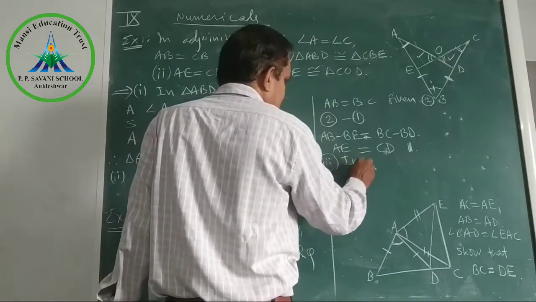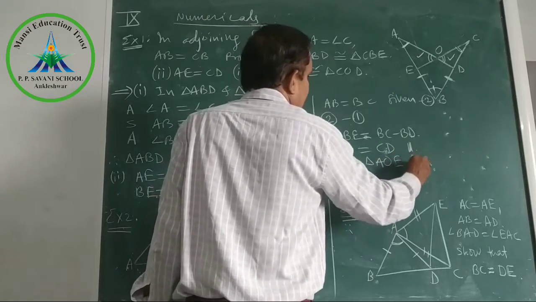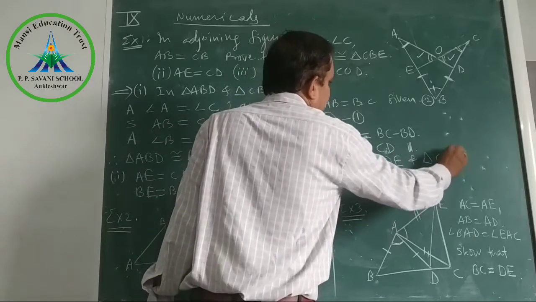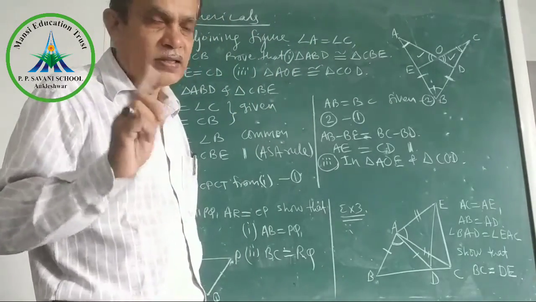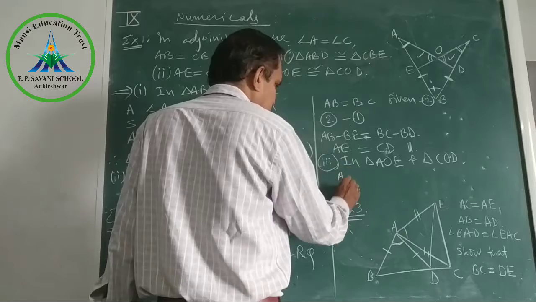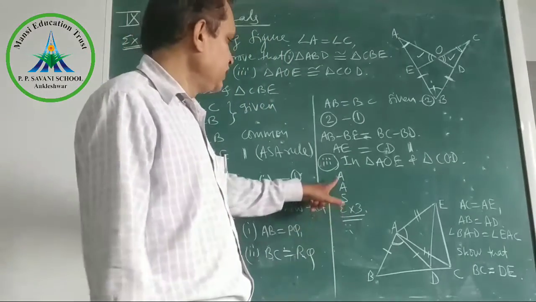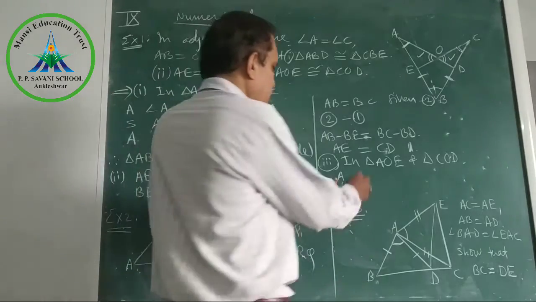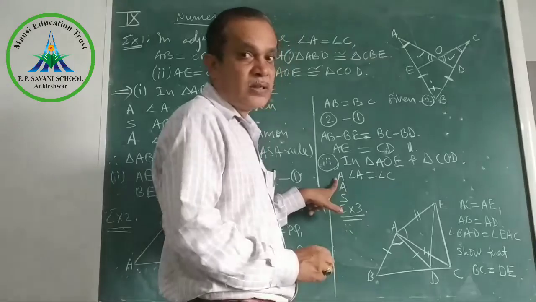In triangle AOE and triangle COD, which rule we read? Angle angle side. Getting? Then see. You will write angle. Which angle? A equal to angle C, given.